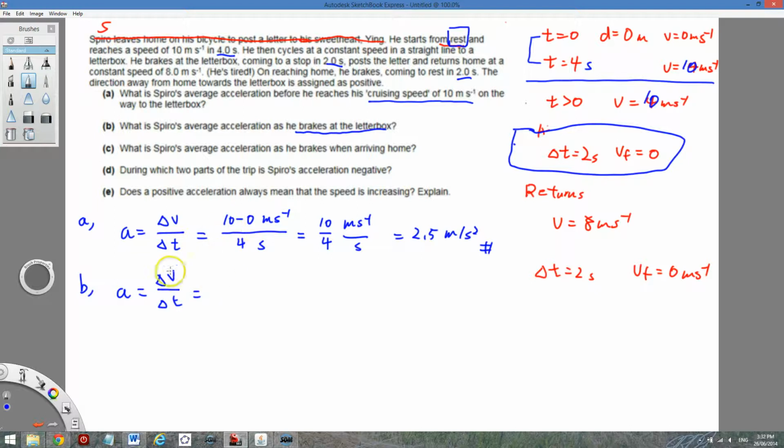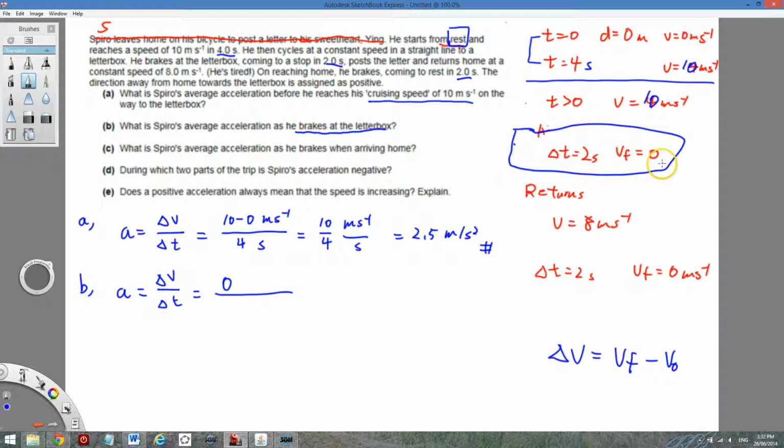Now the tricky part is here: the change in velocity. The change in something is always the final value take away the initial. So when we look at the braking, when braking to a stop, his final velocity will be 0 meters per second.